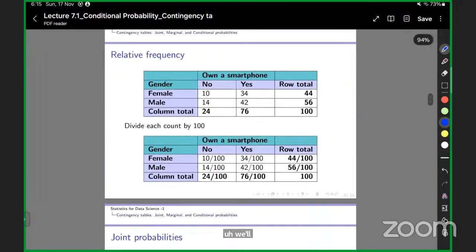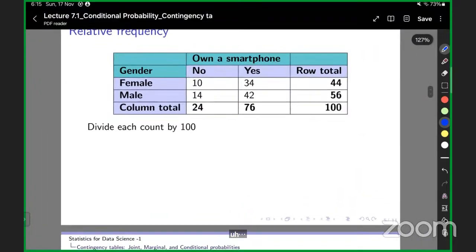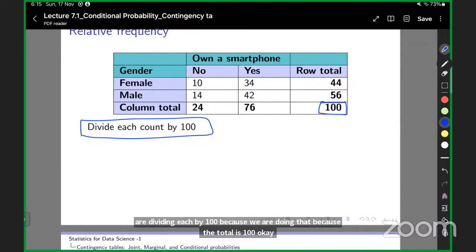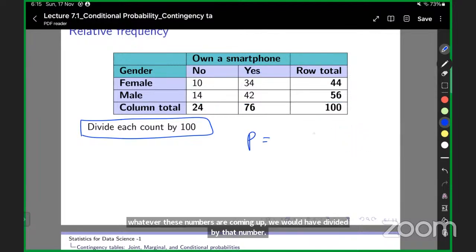Now, what we actually did is we divided each by 100, because the total is 100. If it had been a different number, say 120 or 140, we would have divided by that number to get the probability. How do we write probabilities?